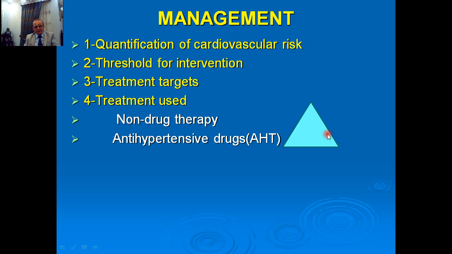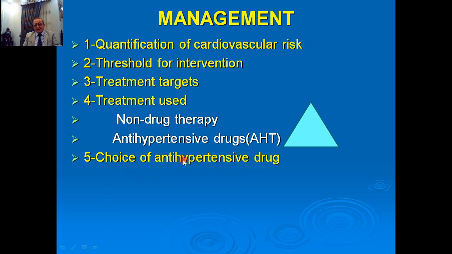The second are those that handle the heart contractility, or sympatholytic or beta blockers, and the third are the vasodilators, and there are several mechanisms for vasodilatation.